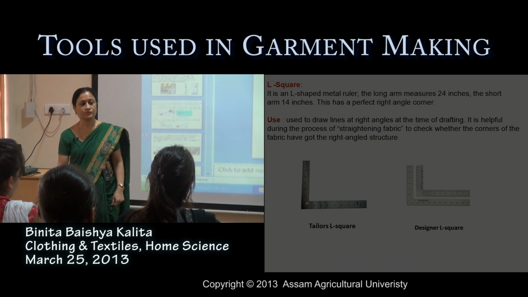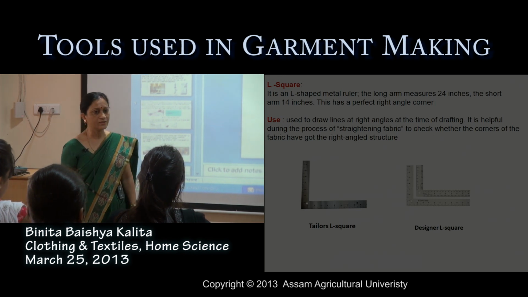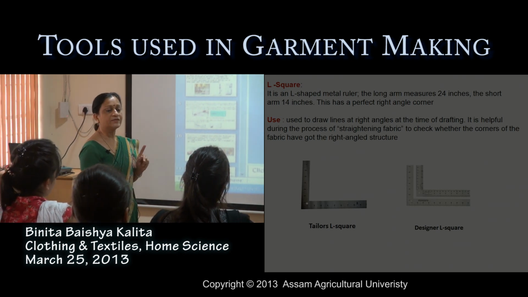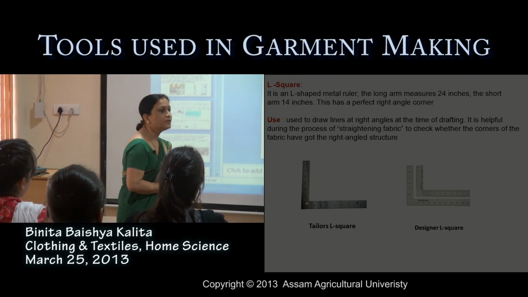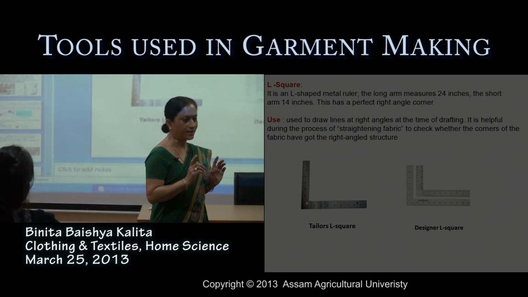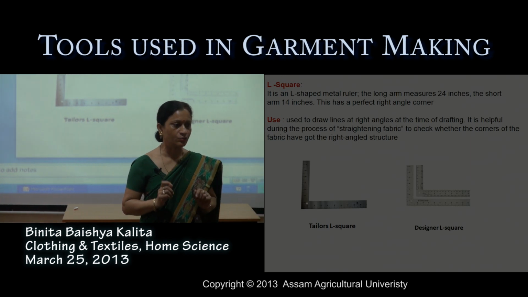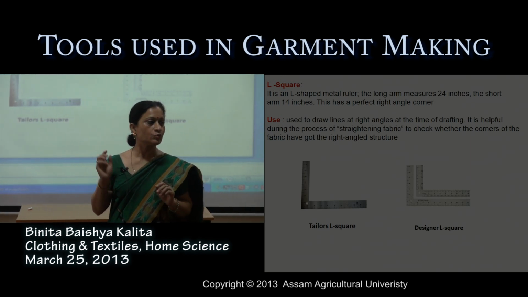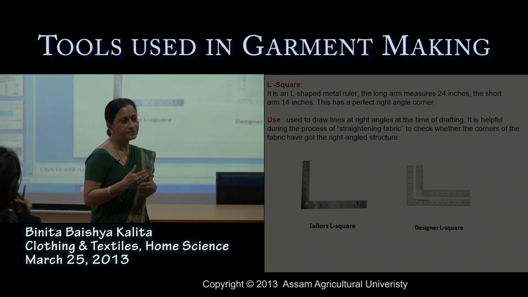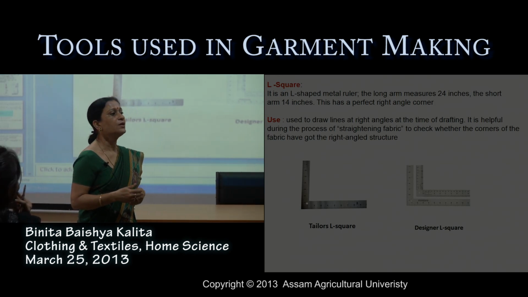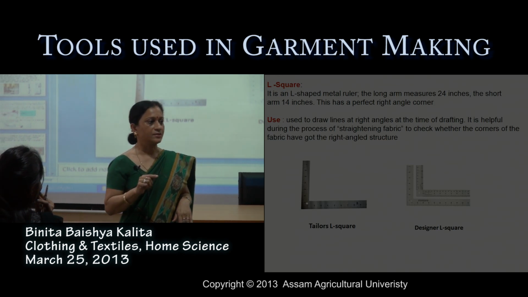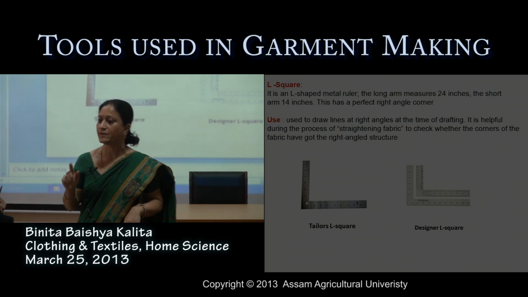L-square. So this L-square is another type of measuring tool. It has 2 arms, one small and another long. It looks like the letter L, that's why it is called L-square, and it is mostly used by the tailor as well as the fashion designer or garment designer to mark angles in a garment.